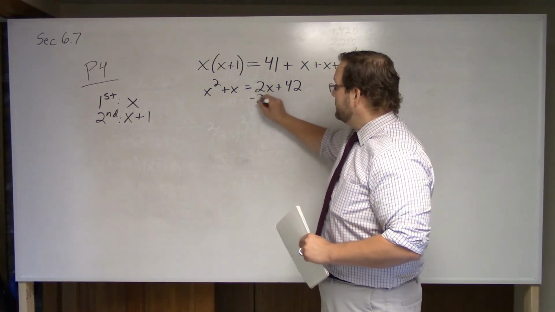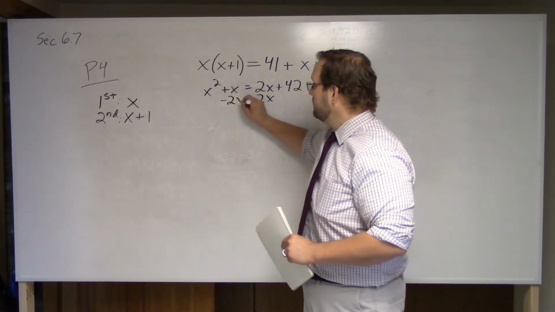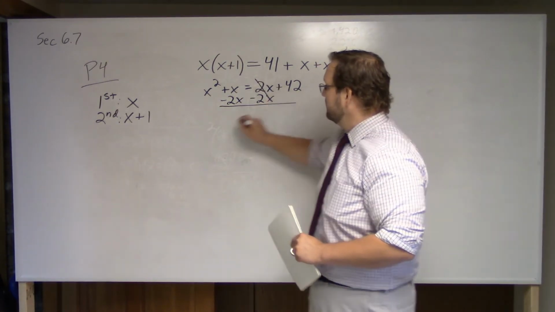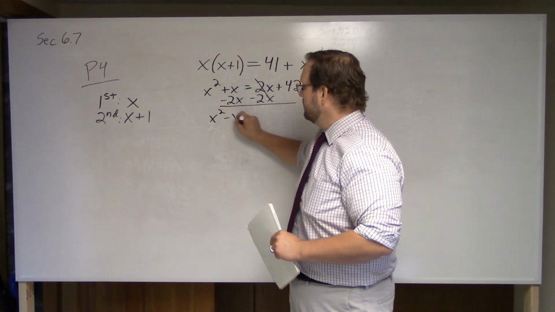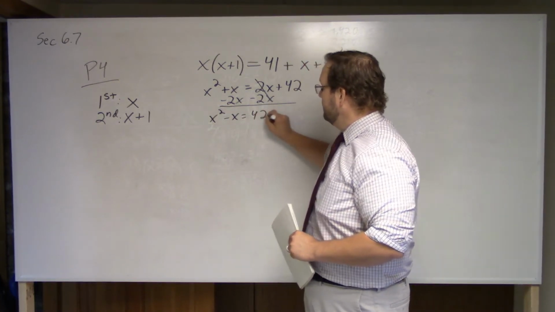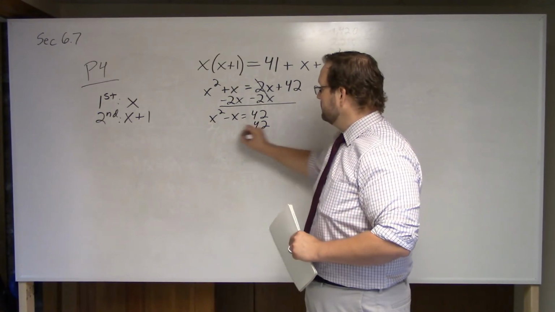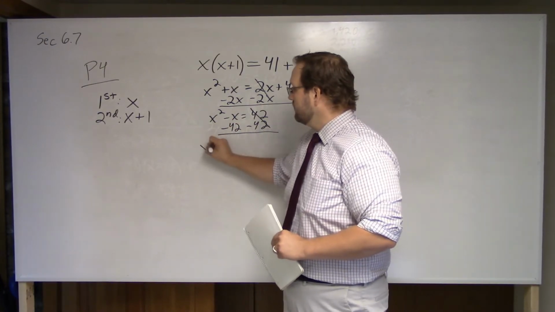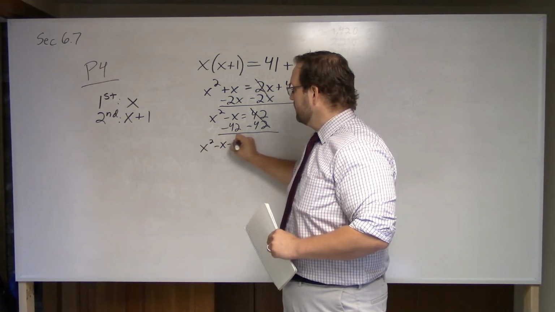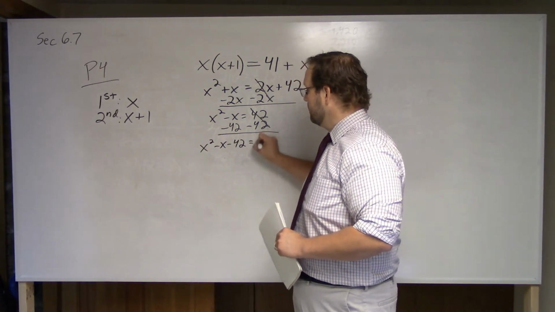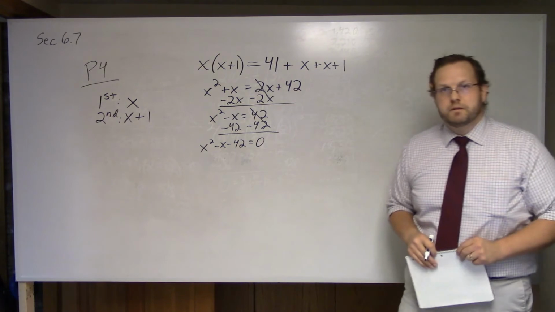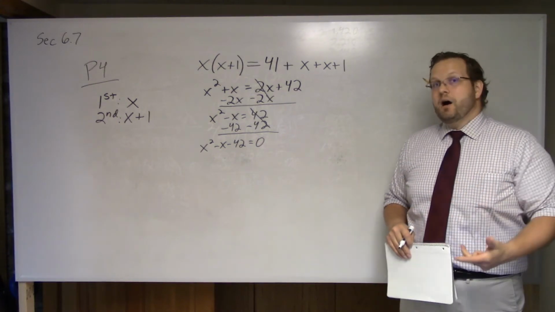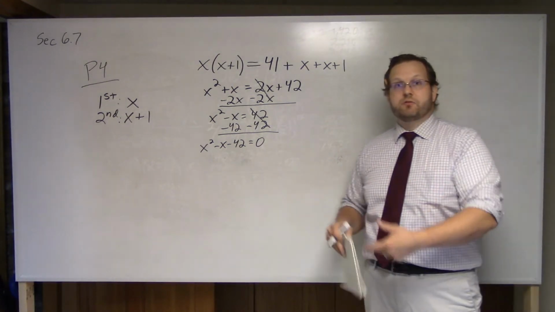So I'm going to subtract 2x, and then subtract 42. And we got that. Now, at this point, we just shift to factoring and then go from there.